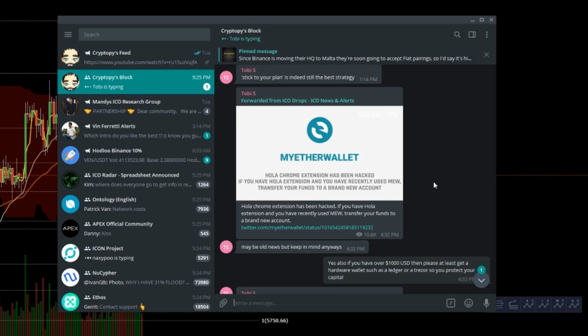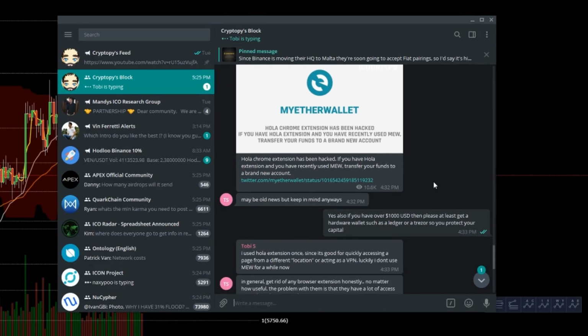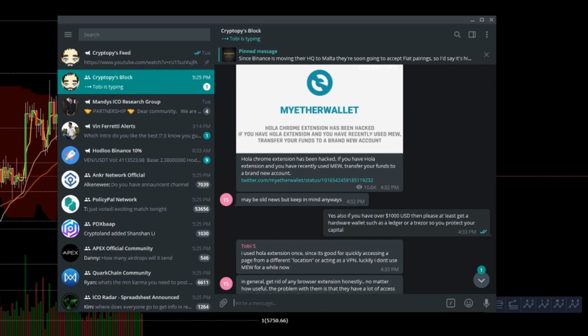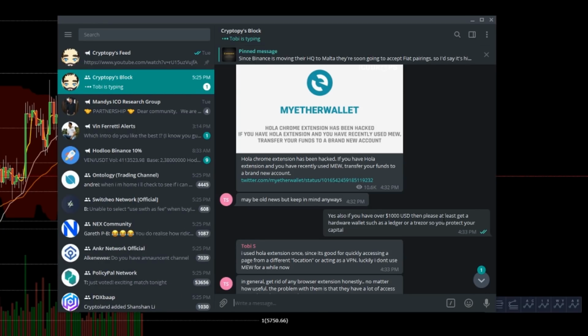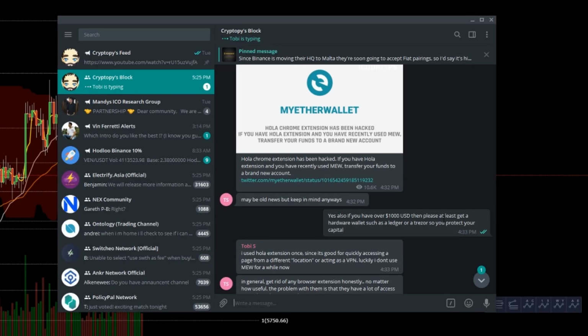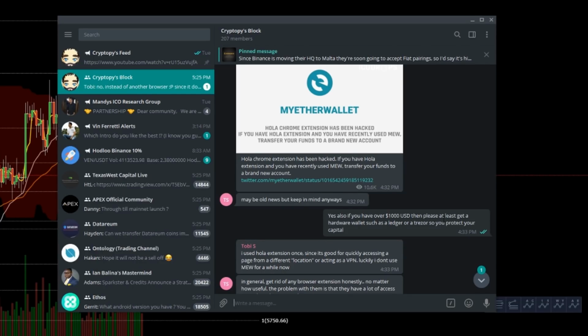Now, I always tell you guys to get yourself hardware wallets, right? You need to get yourself either a Ledger or a Trezor. I've also said it here. If you have over $1,000 or more in the market, it's definitely recommended to get at least one of them, right? I would say I recommend the Ledger. The Ledger link is in the description below. But I prefer the Ledger over the Trezor because it can hold more coins than the Trezor, right?